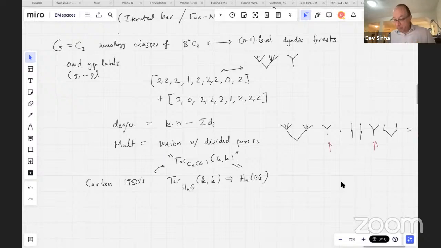He shows that it collapses, and he also shows that when it's divided powers coming in, when this homology is divided powers, you get divided powers coming out, and then you can keep track of dimensions. So this implies that it's a divided powers algebra with generators in these dimensions.